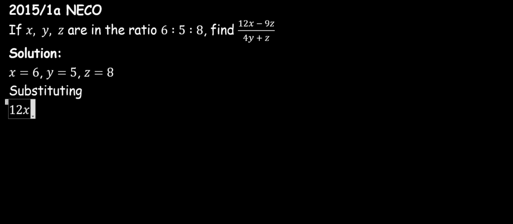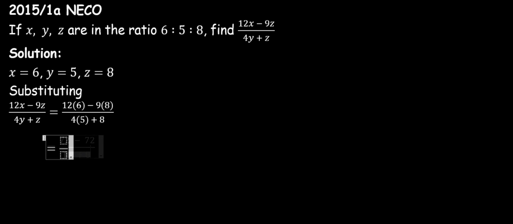Substituting, 12x minus 9z divided by 4y plus z will be equal to 12 into bracket open 6, bracket close, minus 9 into bracket open 8, bracket close, at the numerator. Our denominator will be 4 into bracket open 5, bracket close, plus 8. When we resolve all this, 12 times 6 will give us 72, minus 72, divided by 20 plus 8, which is equal to 0 divided by 8.